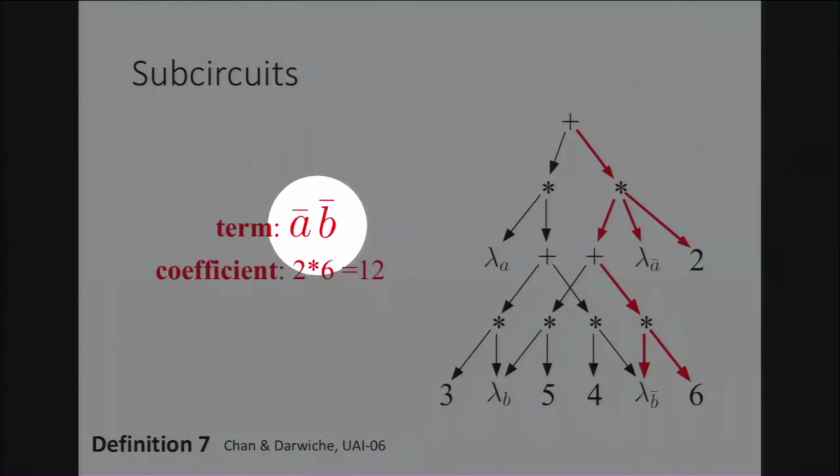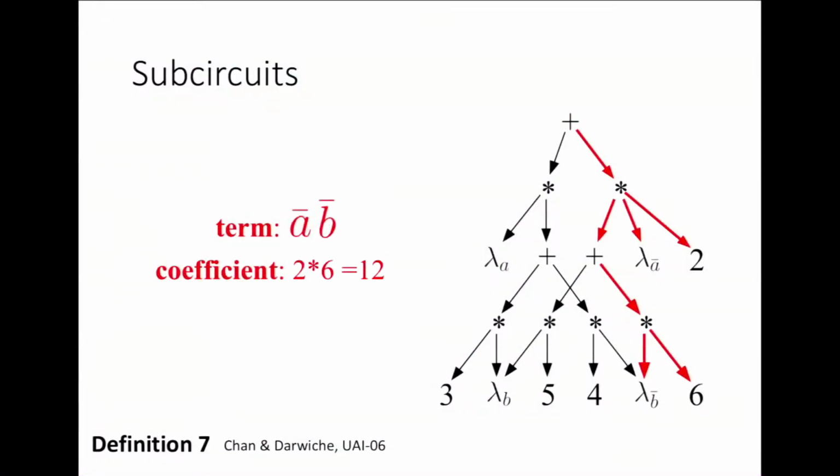It will have a value for every variable in your circuit. With decomposability and smoothness, what is a subcircuit? Subcircuit is a full variable instantiation together with a number. You guys see that?